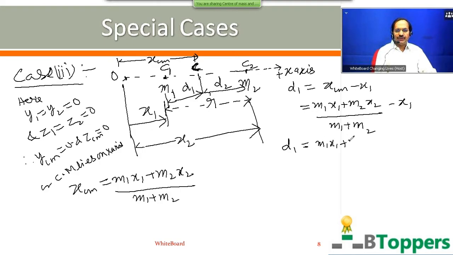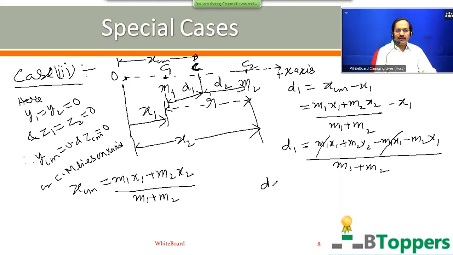You get m1 x1 plus m2 x2 minus m1 x1 minus m2 x1 by m1 plus m2. So d1 is equal to m2 into x2 minus x1 by m1 plus m2.